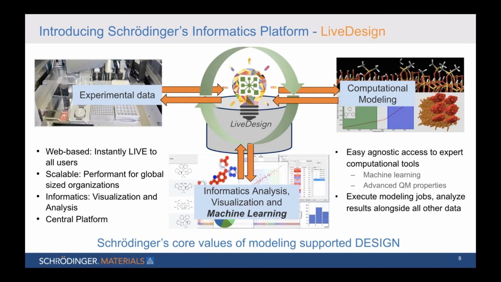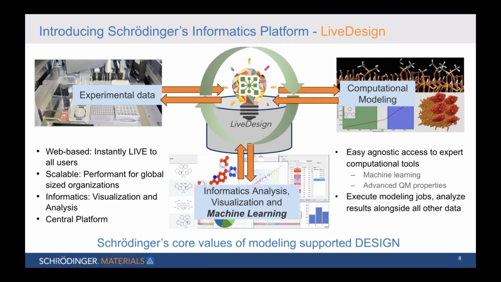It is scalable. LiveDesign has been used for global organizations with tens of millions or even hundreds of millions of compounds. But it's also flexible and robust enough to satisfy the specific needs of smaller or medium-sized customers.